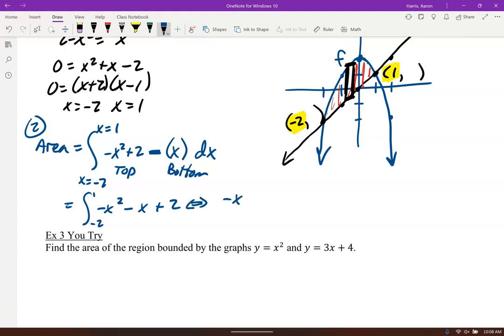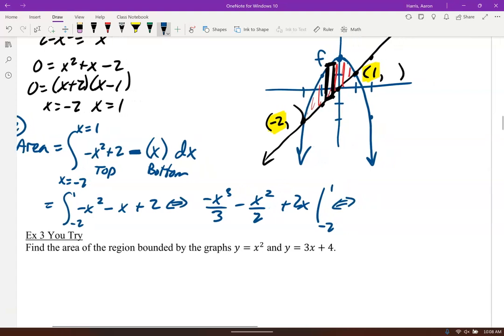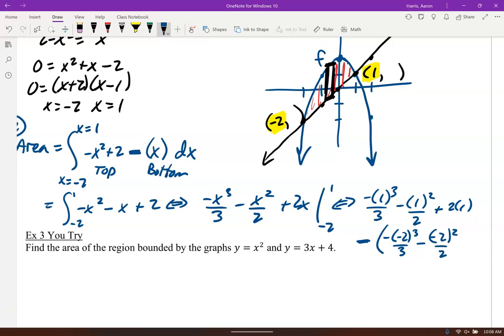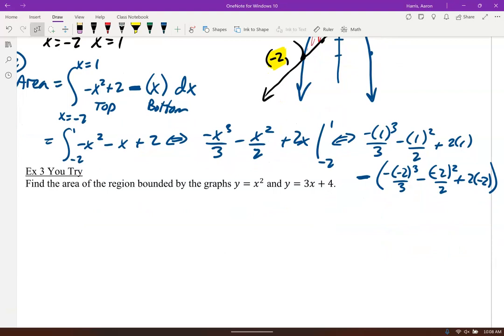So this is -x cubed over 3 minus x squared over 2 plus 2x, -2 to 1. Put the 1 in. Minus, now I put the -2 in. Oh, I'm making a mess here.